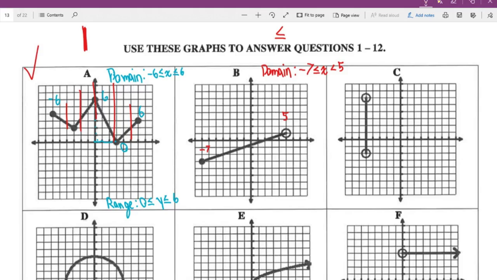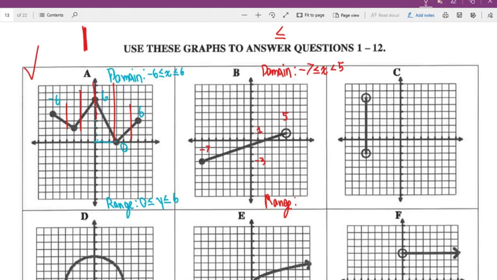So let's find the range, and then we'll figure out if B is a function. So both of these things for B. So range. We'll start at our origin. So -1, -2, -3. And then let's start at our origin again to find our highest point on the graph, 1.